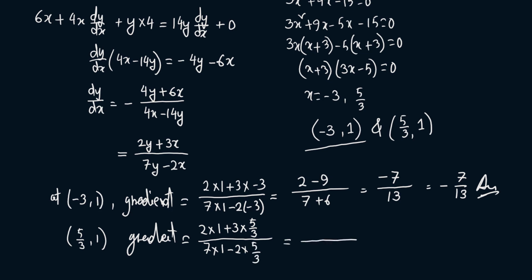So let me simplify a little bit, then it gives us 3, 3 can cut out. 5 plus 2 is 7 on the top, but bottom it is 7 minus 10 over 3. So it is 7 by, on the bottom it is 3 times 7 is 21 minus 10 over 3. It gives us 7 into 3 by 21 minus 10, which is 11. So finally we got from here 21 divided by 11, and that is our answer of the gradient.